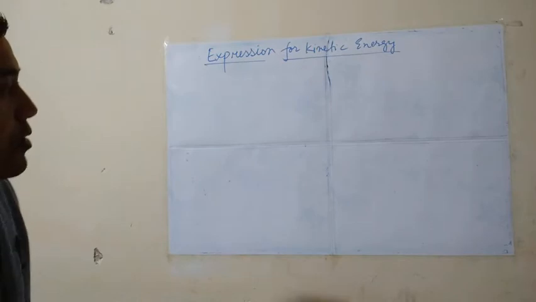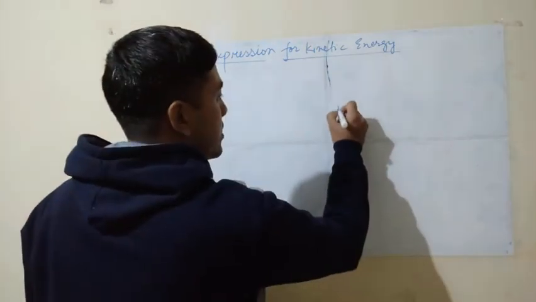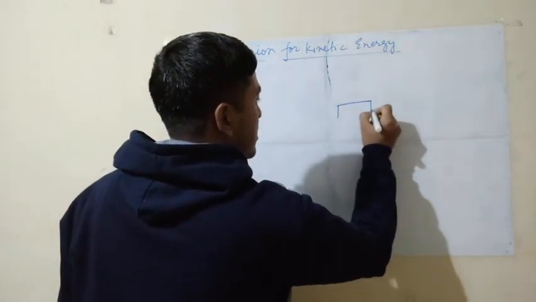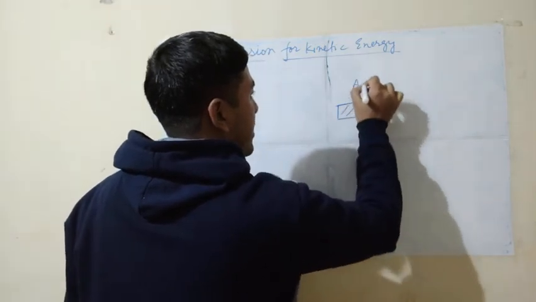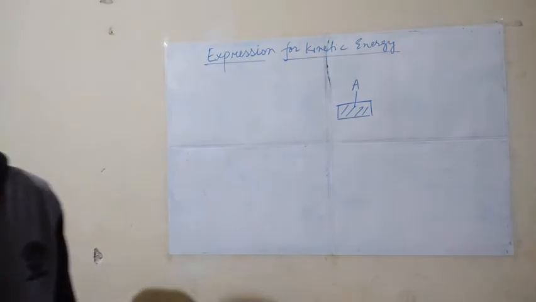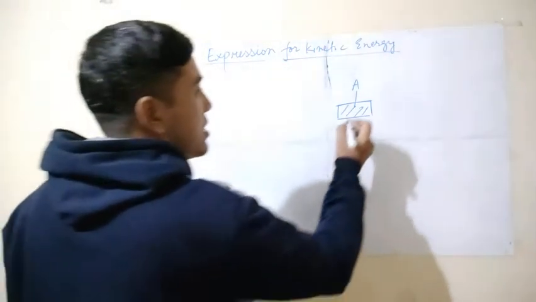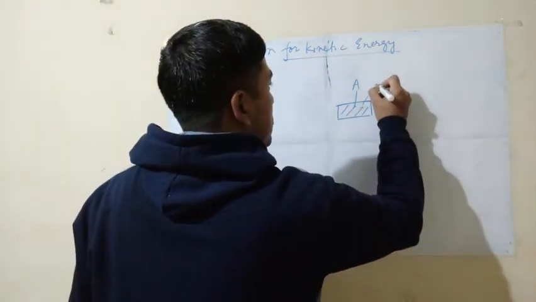Now consider this object. This is object A. The mass of this object A is small letter m.